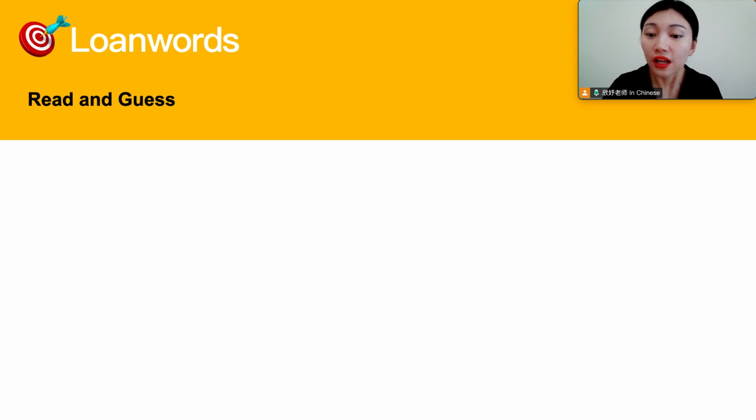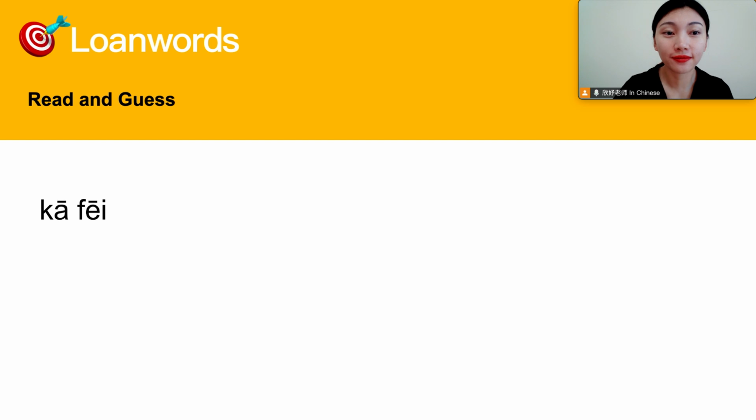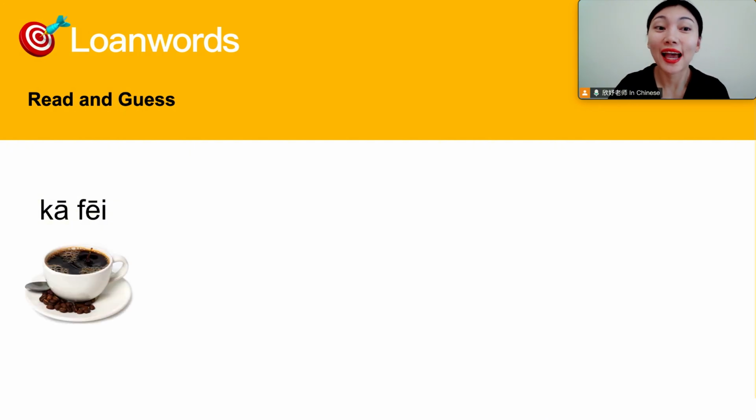In Chinese, there are many loanwords, words borrowed from English that sound very similar to their English originals. So here are 4 words, and let's read them together and see if you can guess what they mean. Okay, first, 咖啡. Can you guess the meaning? Cafe. It's very obvious. Great, which is coffee in English.